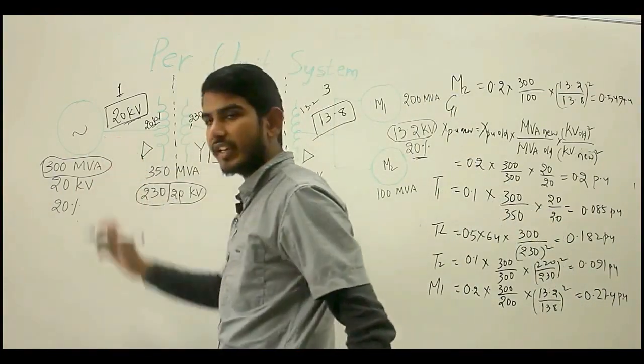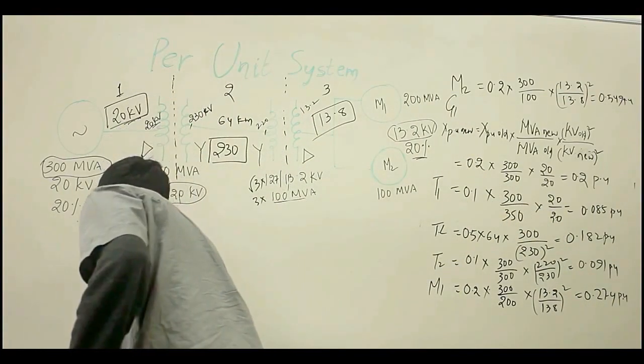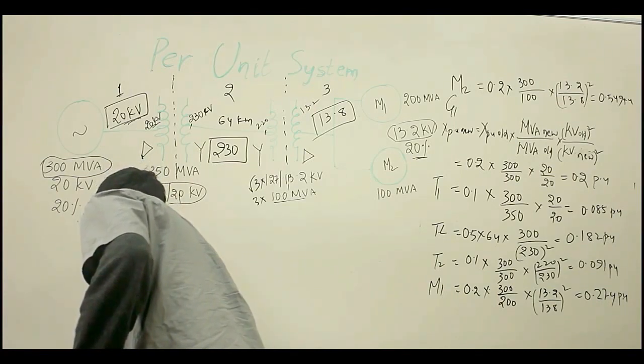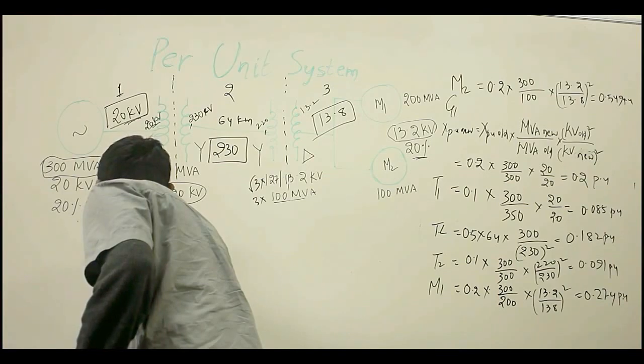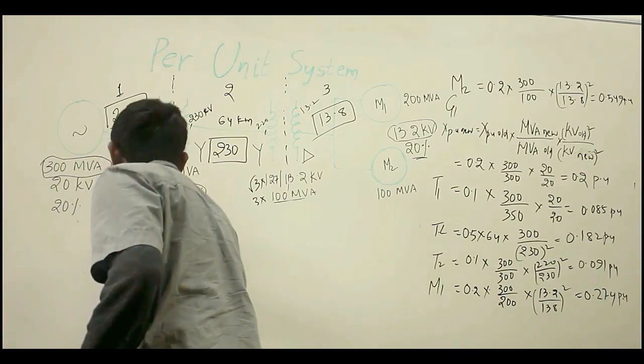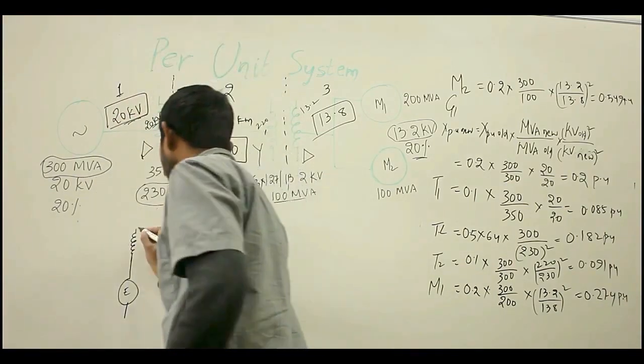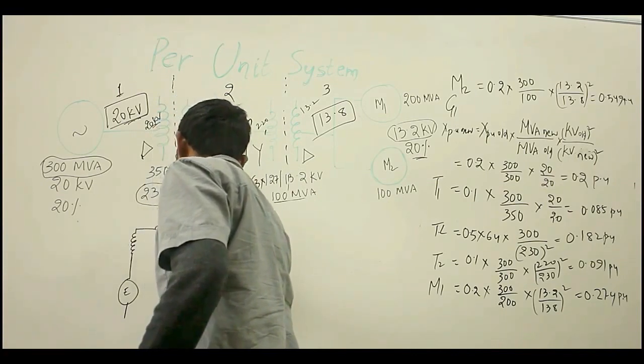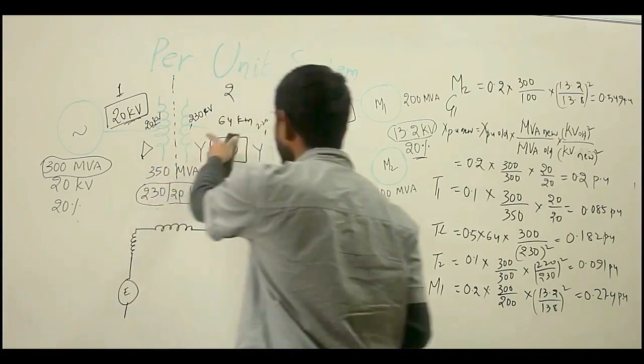First we are having a generator. So generator will be represented by a EMF and with the internal impedance, and next we are having a transformer. This is our transformer. Next we are having a transmission line.